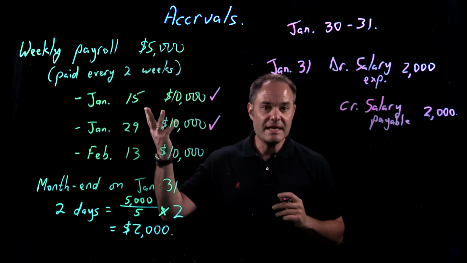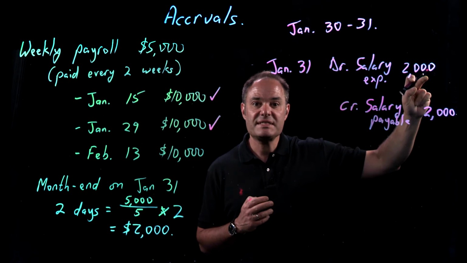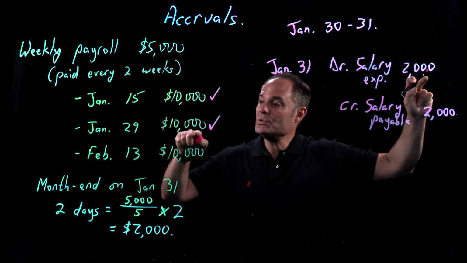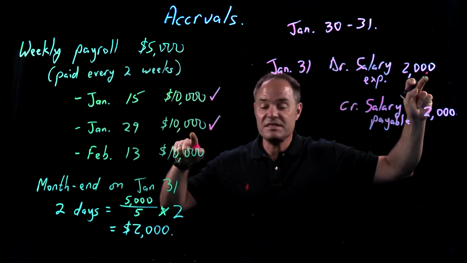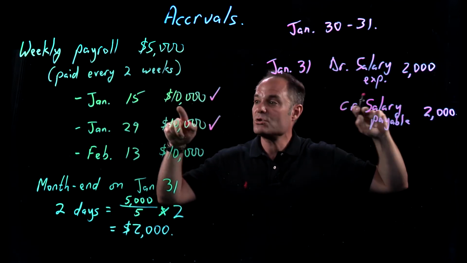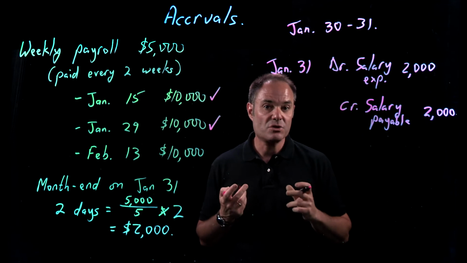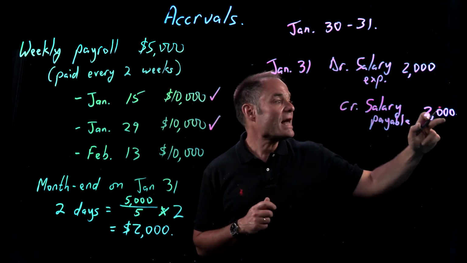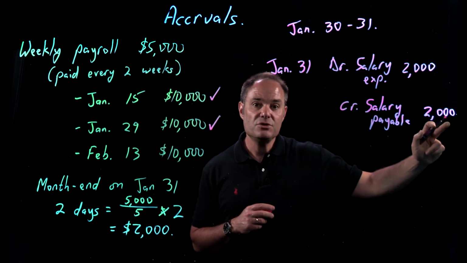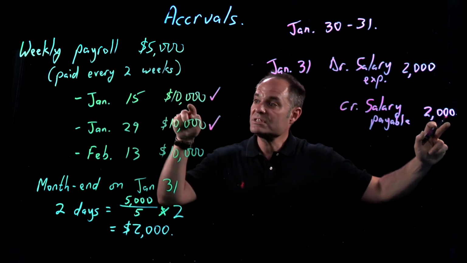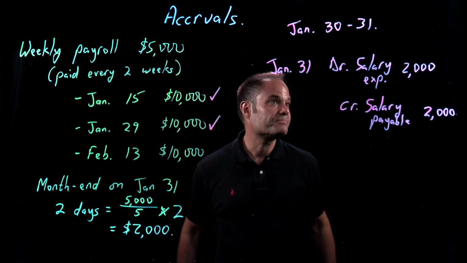So on the income statement, we'll have the $2,000 of salary expense added to the $20,000 that's already been expensed on the 15th and 29th of the month. So there'll be a total salary expense of $22,000 for January. On the balance sheet, it will show that the company owes its employees $2,000. These amounts here, this $20,000 has already been paid to them.